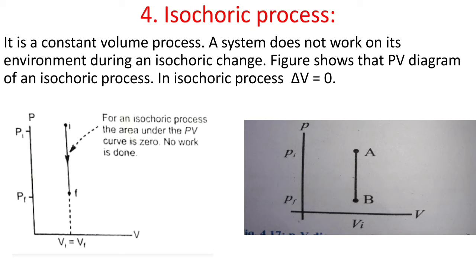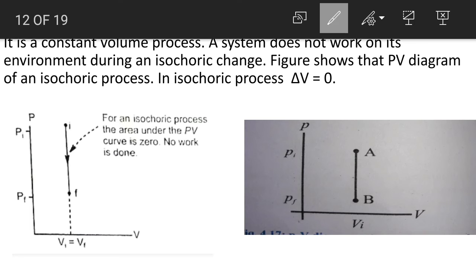Therefore for an isochoric process, Vf is equal to Vi, that is the initial volume is equal to the final volume, and delta V is equal to 0. Here this figure shows the PV diagram of an isochoric process.